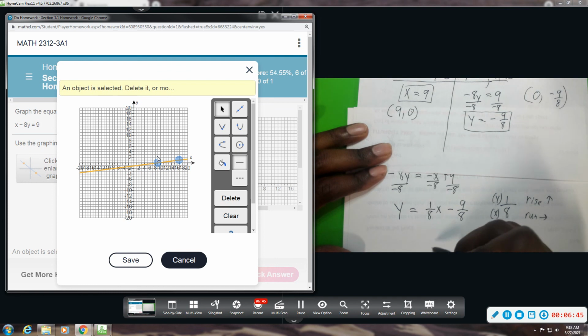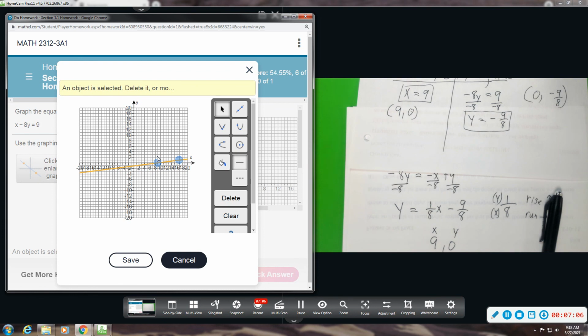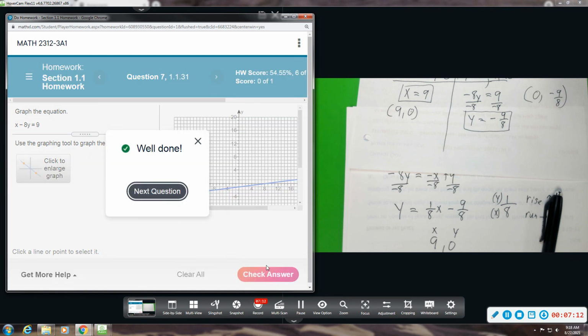And so if you were to take that ordered pair 9, 0, this is your x, this is your y. The y value increased by 1. The x value increased by 8. And if you were to add those, you would get 17, 1. And that's the point that we actually land on here. That's what we saw. So then when you check, that's good.